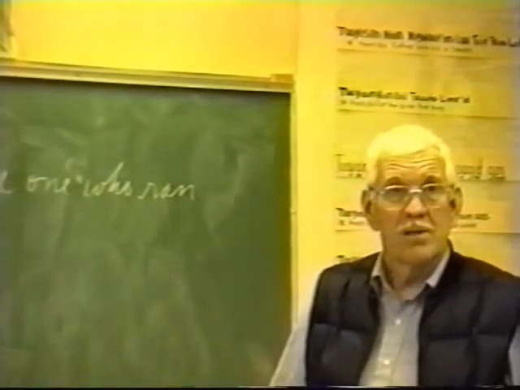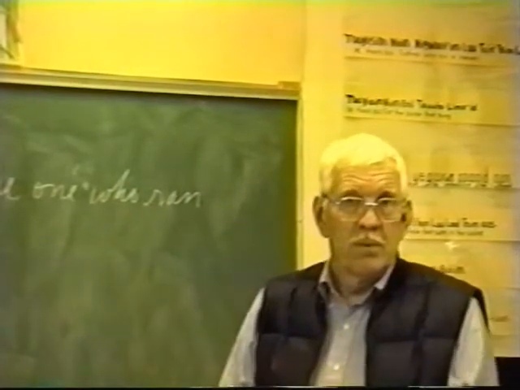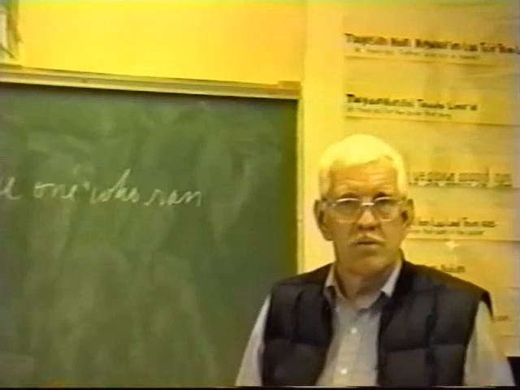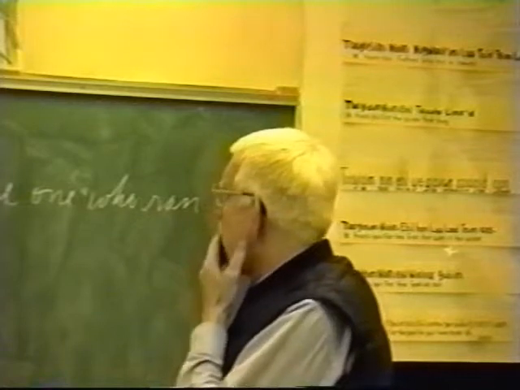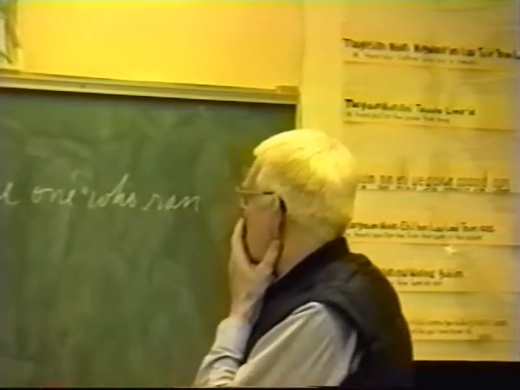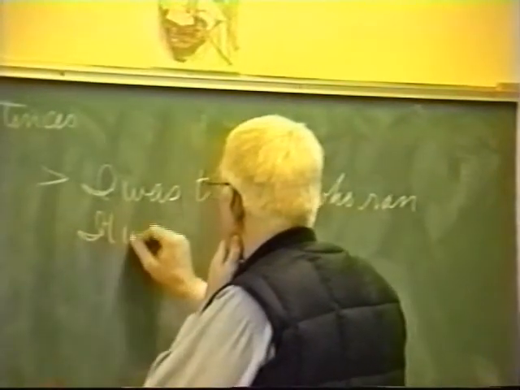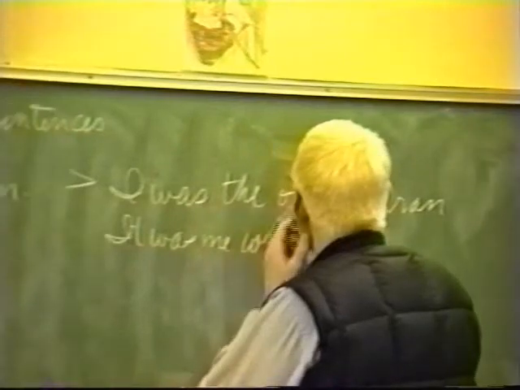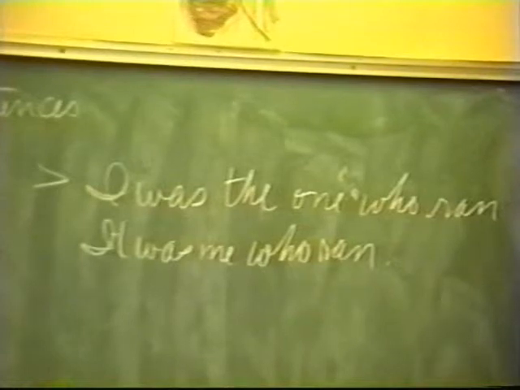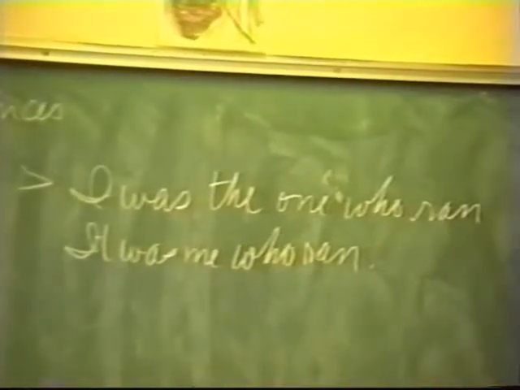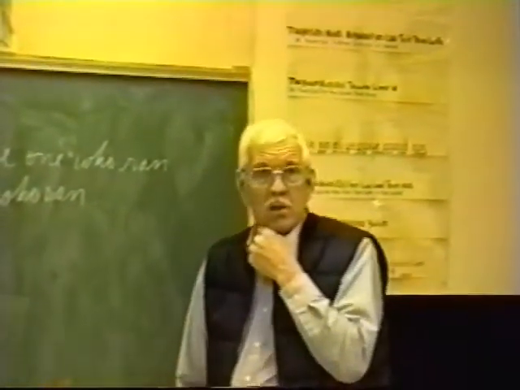But see, where you take a constituent from the basic sentence and you focus it and say, I was the one who ran, or another way of focusing it would be, it was me who ran. And if somebody asks a question of you, who ran? It was me, or just me is an appropriate answer in English.